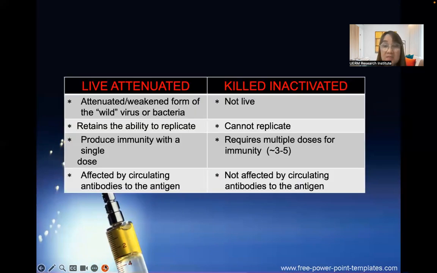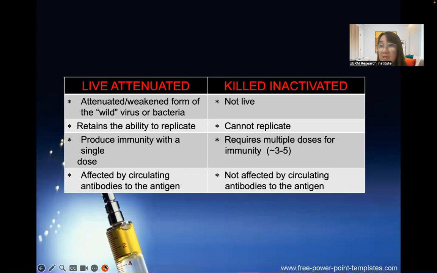So this is a summary of the differences between the live attenuated and killed inactivated. Live attenuated is a weakened form of the wild virus or bacteria. It retains its ability to replicate and can produce immunity with a single dose. But this is affected by circulating antibodies to the antigen.